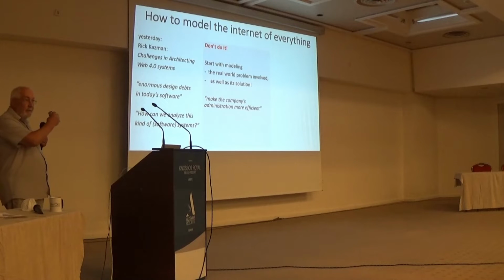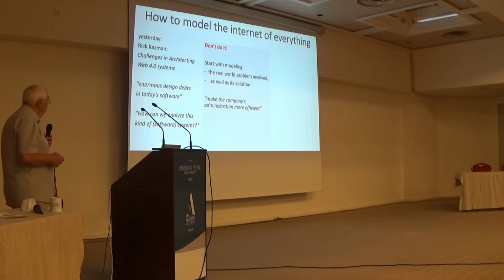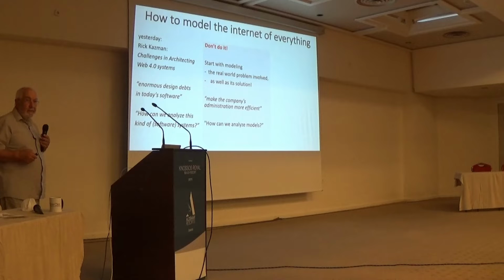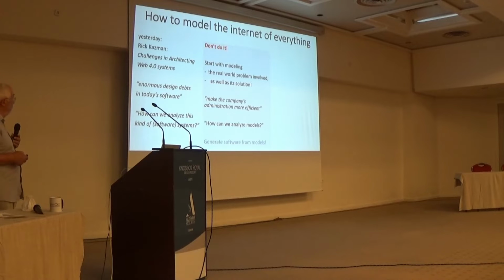So these are the real world problems, and we should start with them. And then we should ask, how can we analyze models, and not make a lousy software and then try to analyze the software. So this is the wrong kind of starting point. Okay, and then generate software from models, and then the software should be correct by construction.